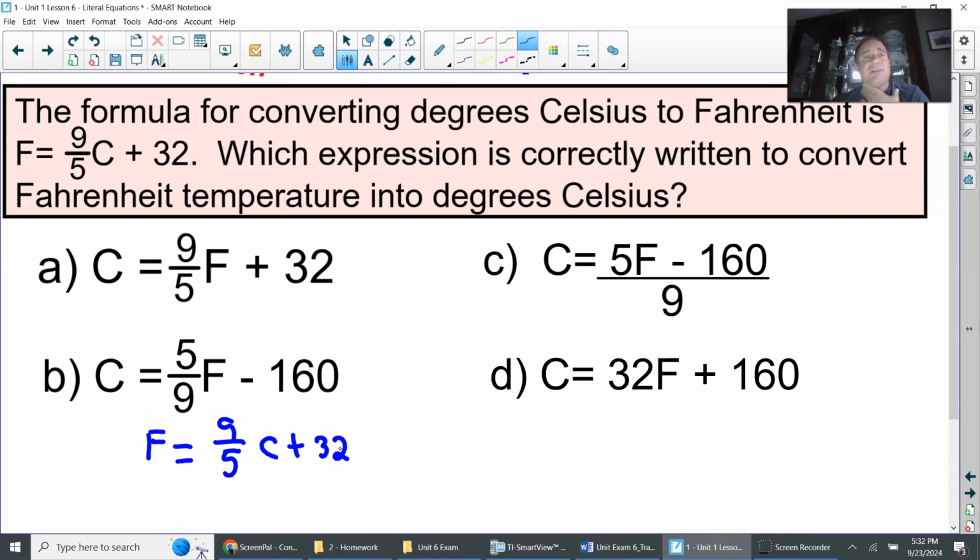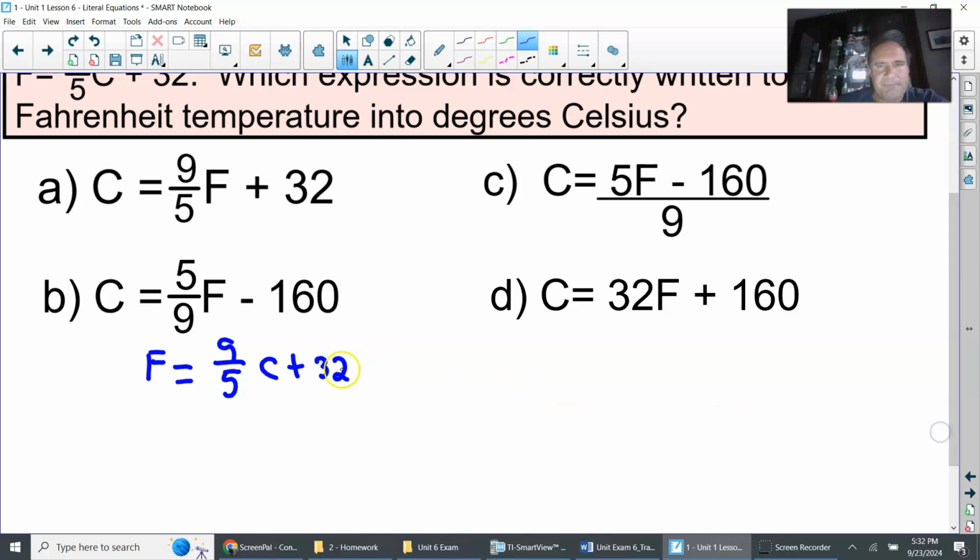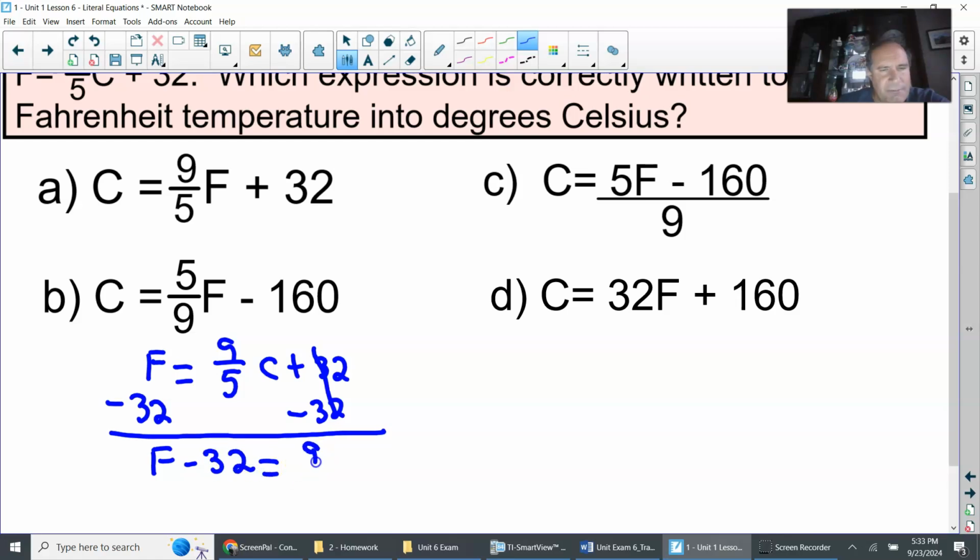Which expression is correctly written to convert Fahrenheit into Celsius? So they want you to solve for C. So I'm going to move this down, and I'm going to subtract 32 on both sides. I need to get that C alone. So it's F minus 32 equals 9 over 5C.